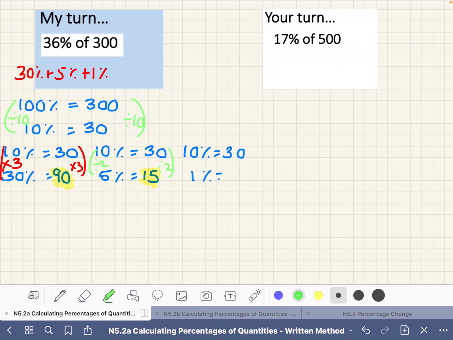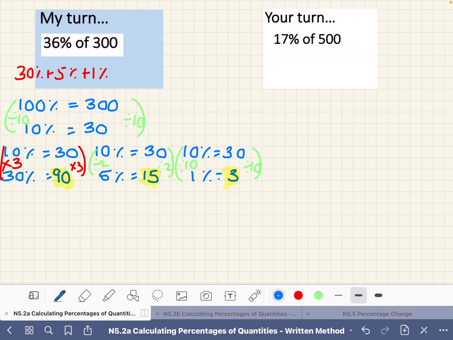To go from 10% to 1%, we would look to divide by 10, which means we divide 30 by 10 as well. 30 divided by 10 is 3, so 1% is 3, and this value is important.